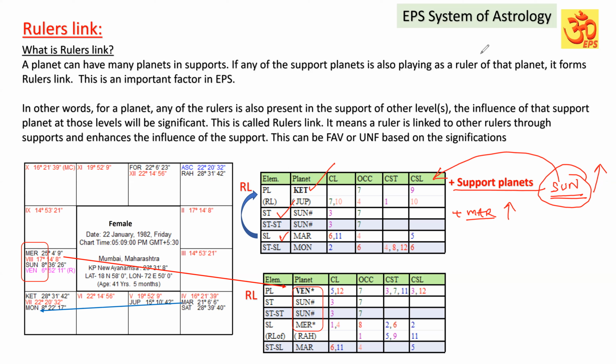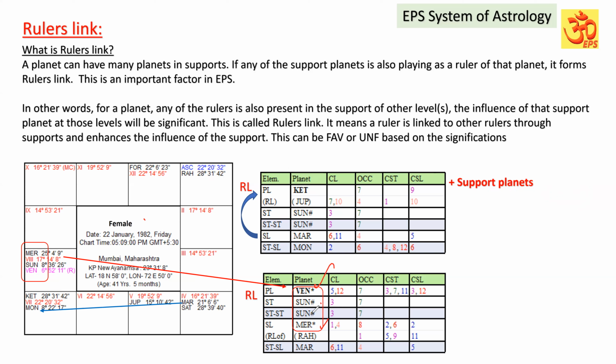Let me explain with this example. Mercury, Sun, and Venus, all these three planets are conjointly posted in the sign of Capricorn. Though they are in different bhavas, as per our EPS, these three planets are posted in the same sign. So they are considered to be connected to each other by way of conjunction. Look at the Venus planet: Venus is in the nakshatra of Sun and sublord of Mercury.